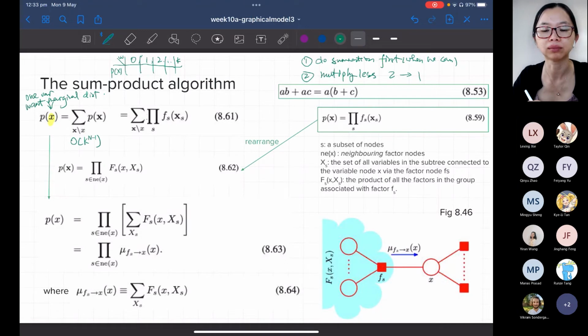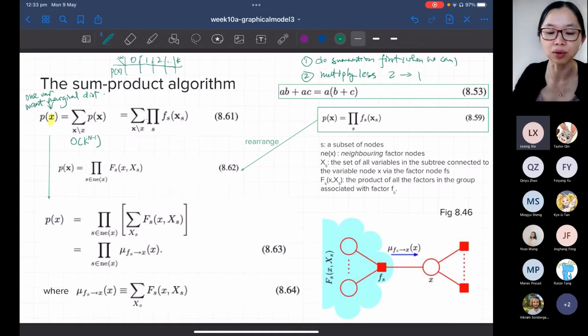That's bad. We can then simply plug in this factor graph definition, saying that the joint is actually the product over factors of the factor terms of the subset of nodes that it goes through. So right now we haven't done any work.